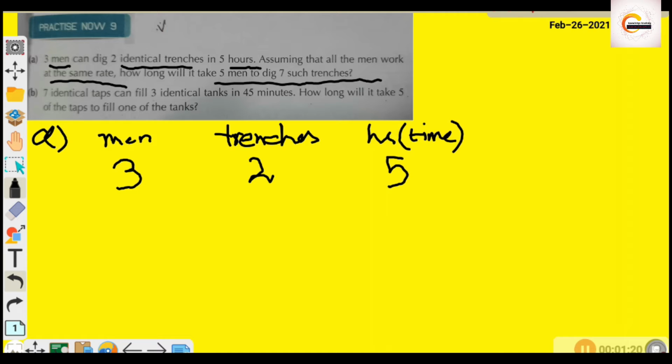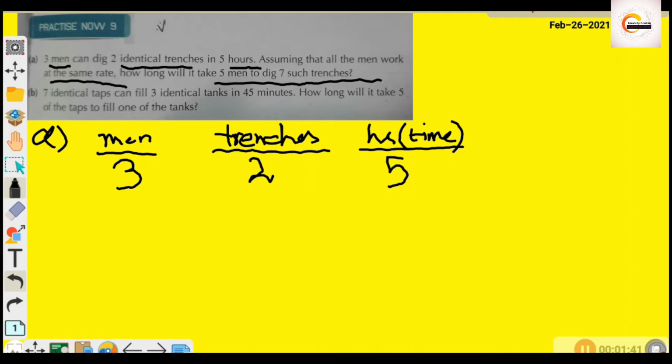Okay, so when 3 variables are involved in any question, we have to solve these types of questions in 2 steps, in which in each step we must keep one variable constant.